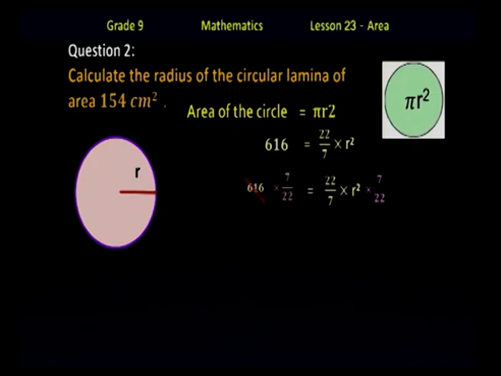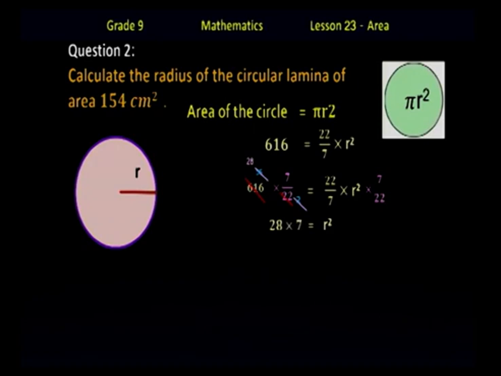Then simplify 22 and 616. You can cut by 11. 616 divided by 11 is 56, and 22 divided by 11 is 2. Again cut by 2. The answer is 28, since 56 divided by 2 is 28.